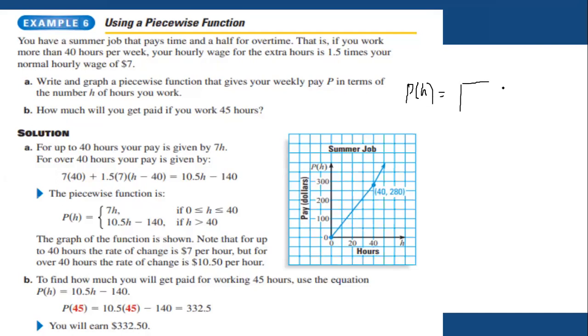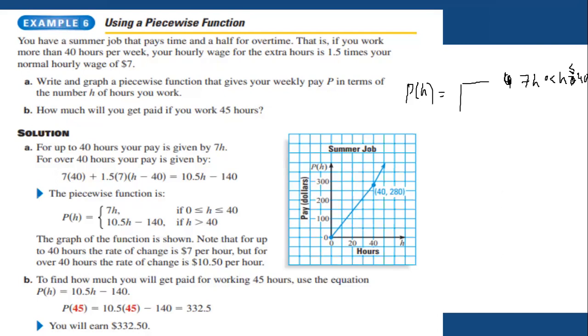Up to 40 hours, this is 7 per hour, when h is greater than 0 and less than or equal to 40. So for up to 40 hours, the pay is 7h.